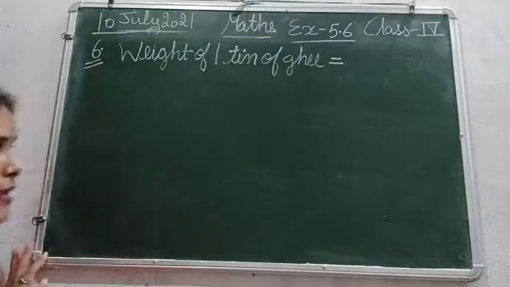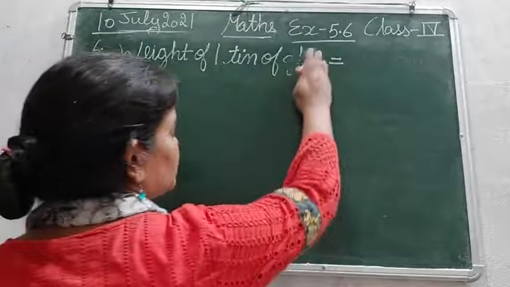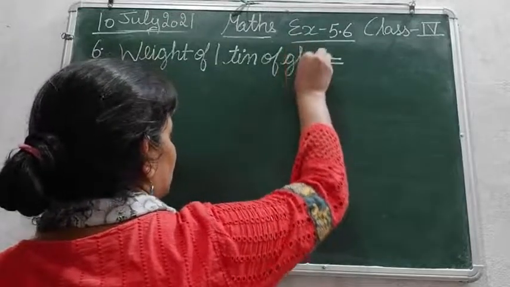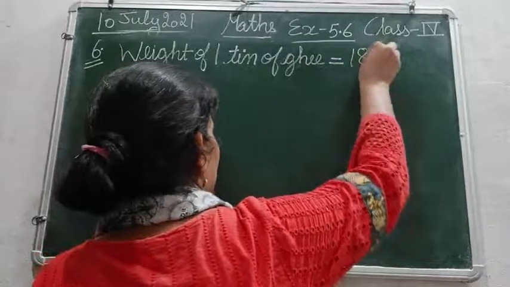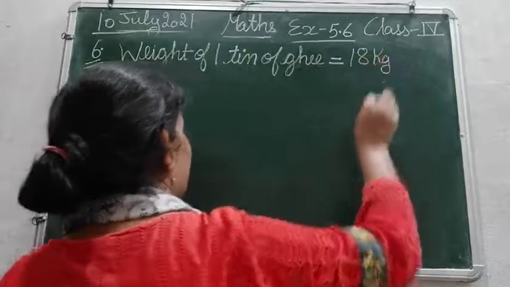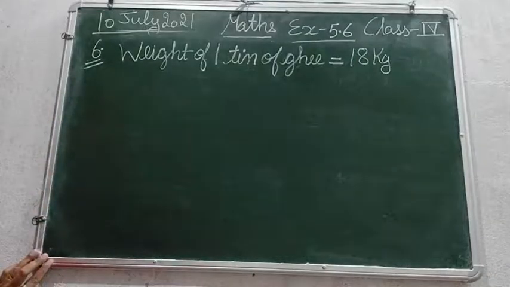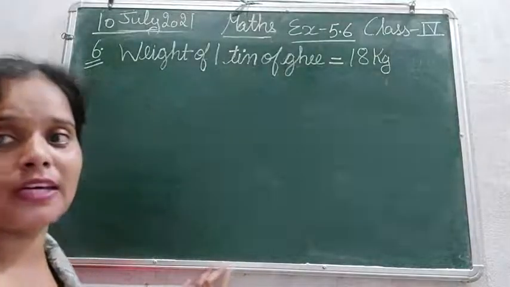Weight of 1 tin of ghee, that is 18 kg. Weight of 1 tin of ghee is 18 kg. हमें निकालना है 768 tins of ghee का weight.